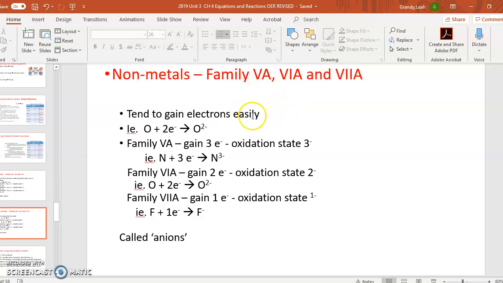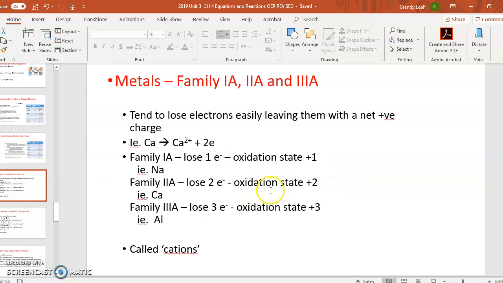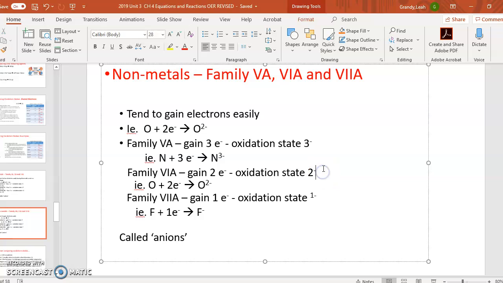When we're getting here into the non-metals, so families 5, 6, and 7, notice that oxygen gains 2, so we'll have an oxidation state of, well, that's actually the charge. I just want to double check this here. It should be written as negative 2, that's a little typo, I apologize for that.